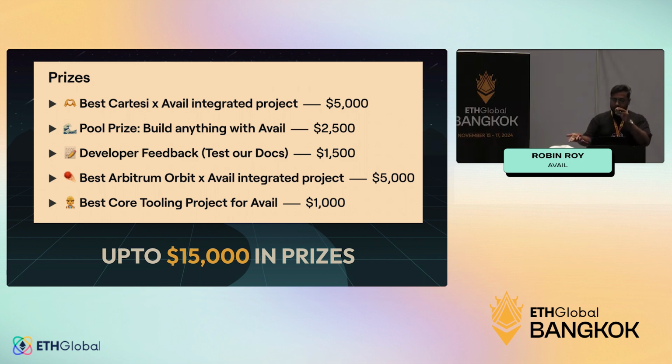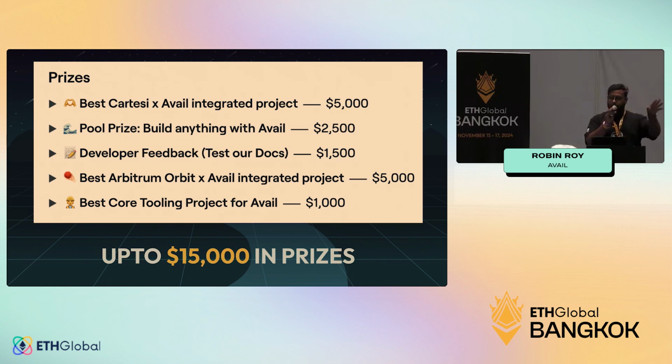The good thing about the Cartesi and the Arbitrum Orbit bounties is that they're kind of joint bounties. If you build with Avail and Cartesi, we are sponsoring $5,000 and Cartesi is also sponsoring $5,000, so overall it's $10,000 you are vying for. Same for Arbitrum Orbit. They have around $5,000, if I'm not wrong, as their bounty prizes.